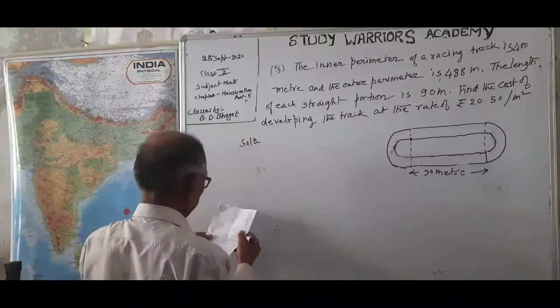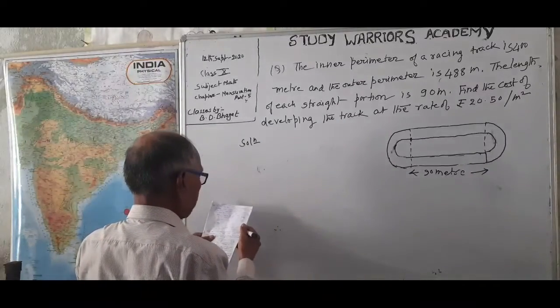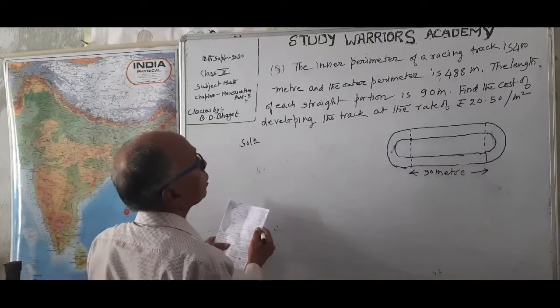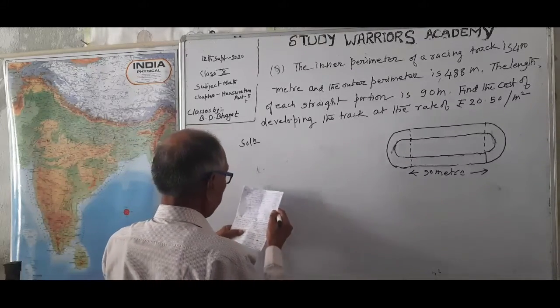Solution. The inner perimeter is equal to 400 meter.